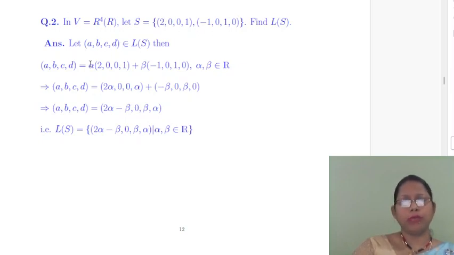Then (a, b, c, d) will be equal to a linear combination of these two elements: alpha (2, 0, 0, 1) plus beta (-1, 0, 1, 0), where alpha, beta belong to R.